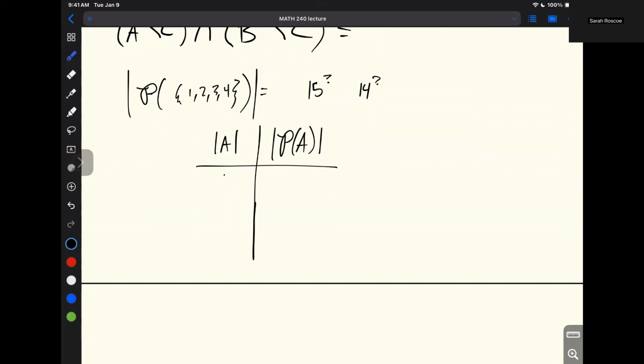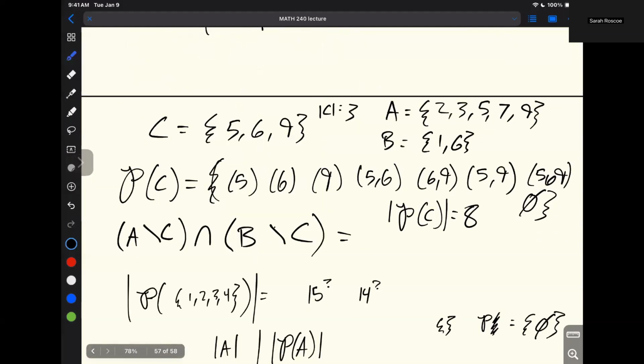If A contains only one element, what's the size of the power set? 2. What if A has nothing? 1, because the power set of the empty set is just going to be the empty set. Exactly. If we have 2 things in our set, what's the size of the power set? We did this example.